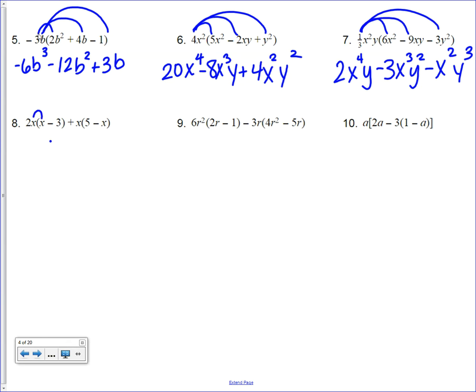What is 2x times x? Okay, what's 2x times -3? And that will have an x on it. How about x times 5? And how about x times -x? X times -x.